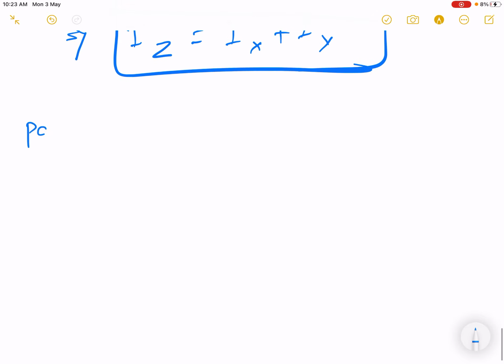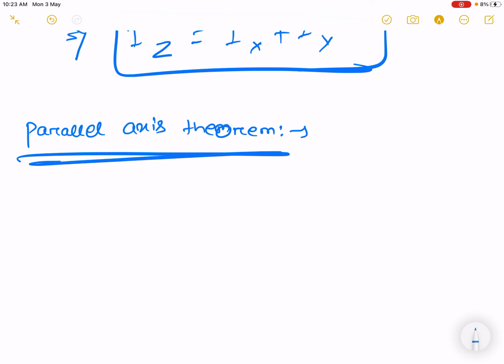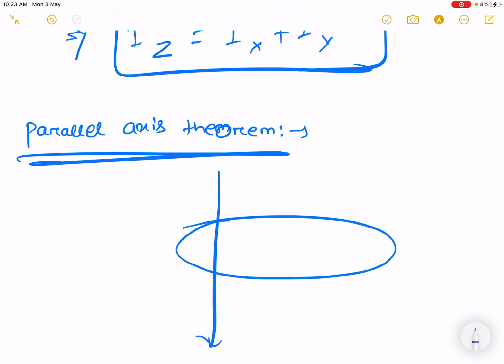Now we will discuss parallel axis theorem. When an axis is parallel to the rigid body, then we may apply parallel axis theorem. That means this is your rigid body, this is the axis through which a body rotates. So what is parallel axis theorem?